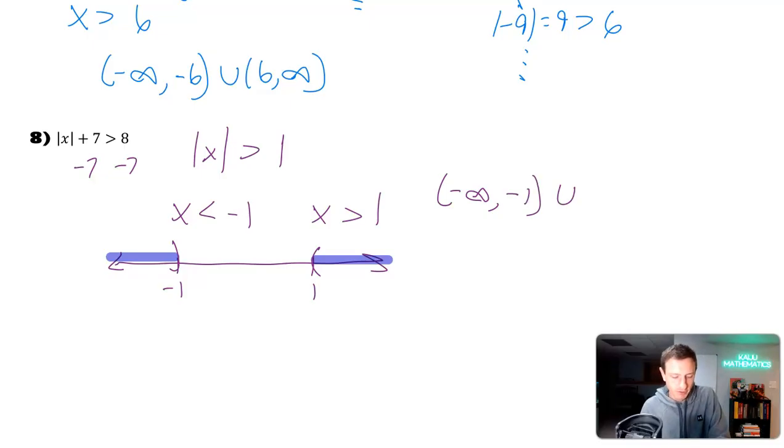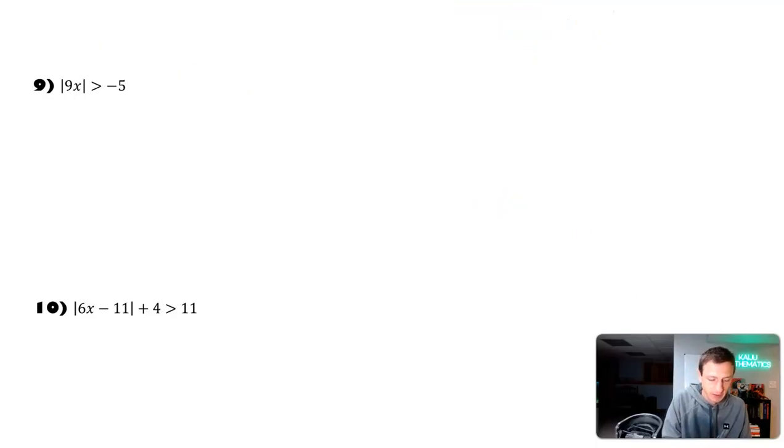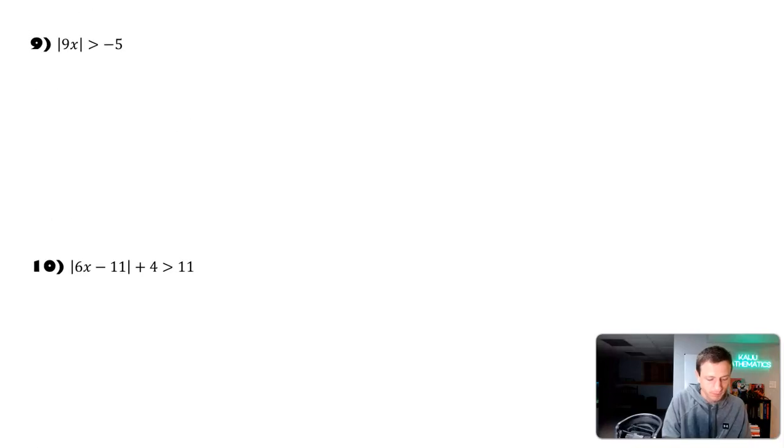And then we are going to union that with 1 going out to infinity. So the two different scenarios, very important that you understand what we're looking for, because it could be two different types of solutions. I think I have a couple more.